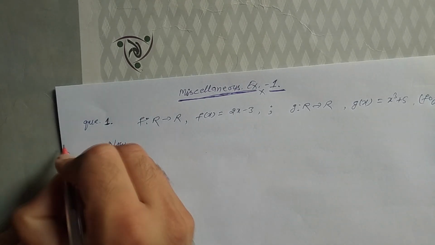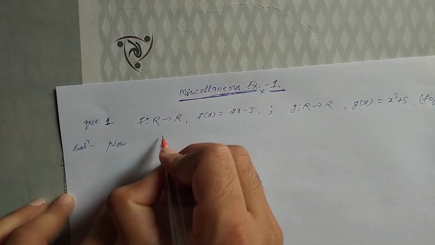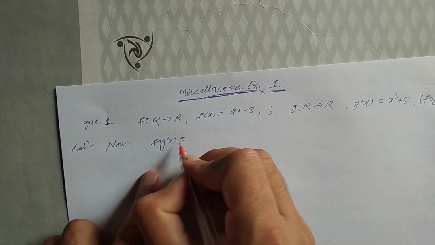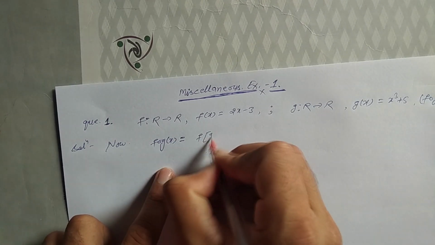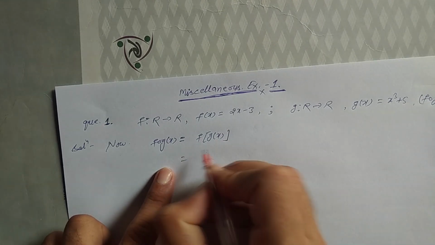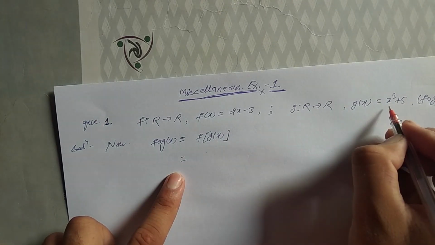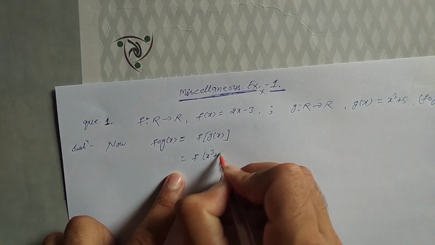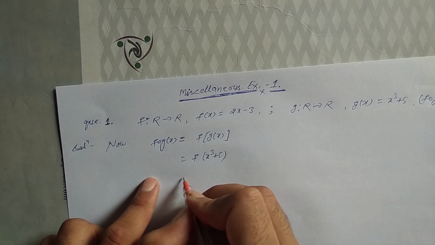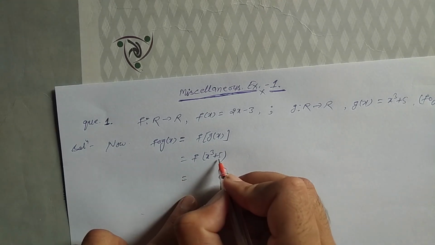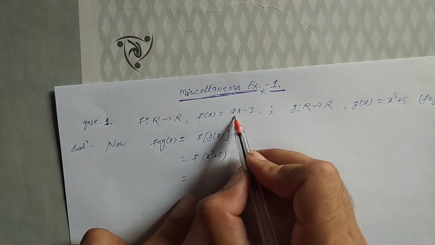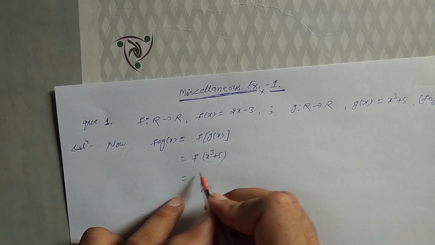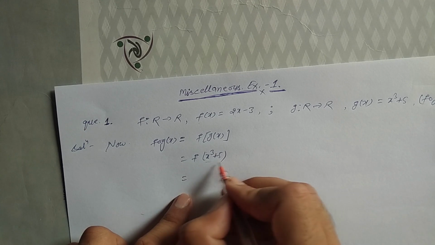Now, solution. Fog of x is equal to f of g(x), which is f of x cube plus 5.